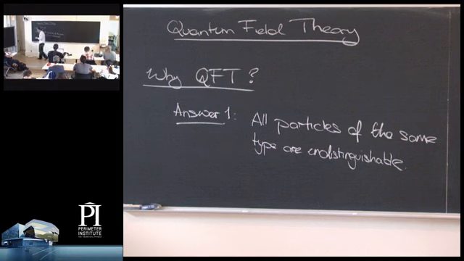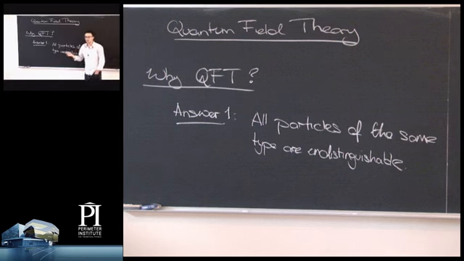And you've probably not even thought just how extraordinarily amazing this fact is, that all electrons are exactly the same as all other electrons. All protons are exactly the same as all other protons.